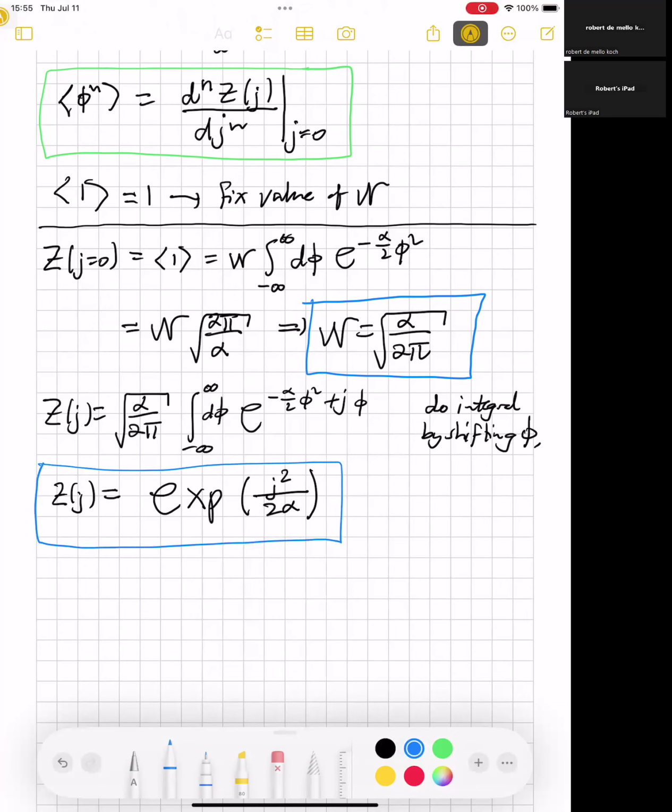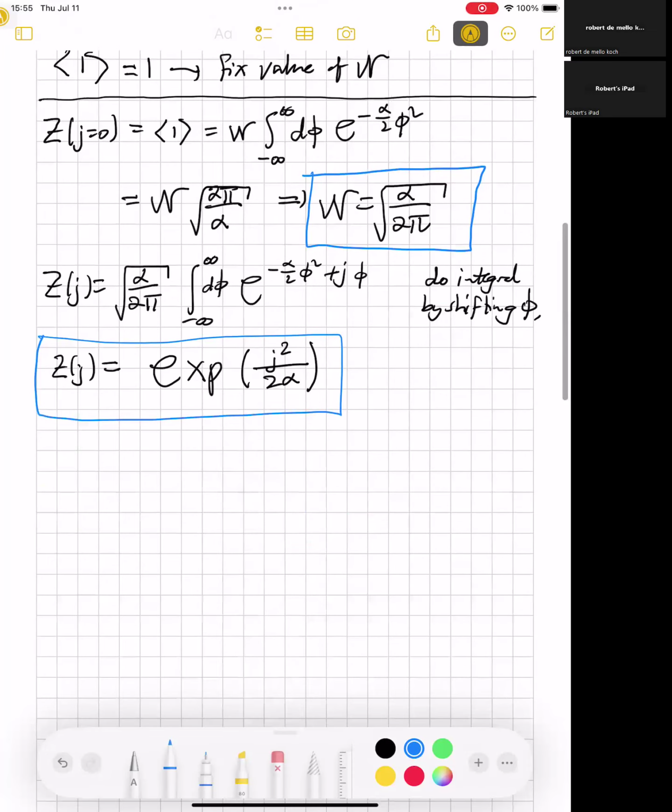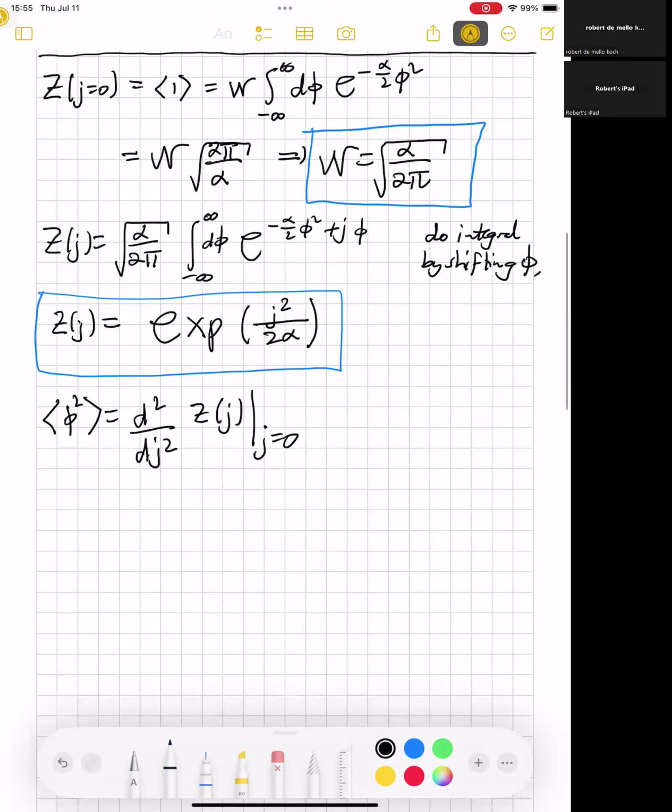Good. Now, what do we use Z of J for? To calculate correlators. So let's calculate a correlator. We want to calculate phi squared. Well, this will be a second derivative with respect to J of Z of J evaluated at J equal to 0. So let's go ahead and do this.